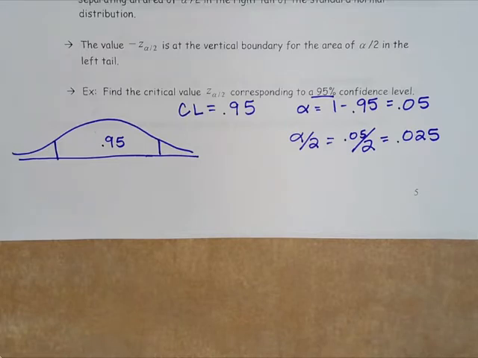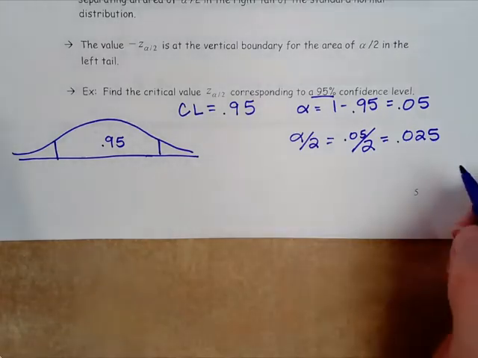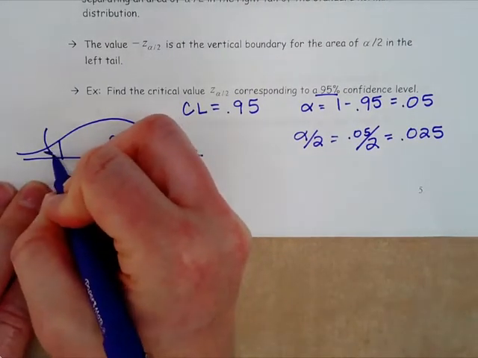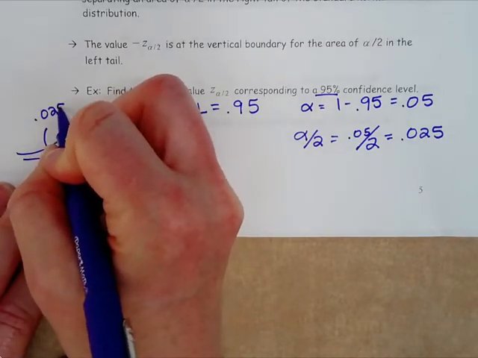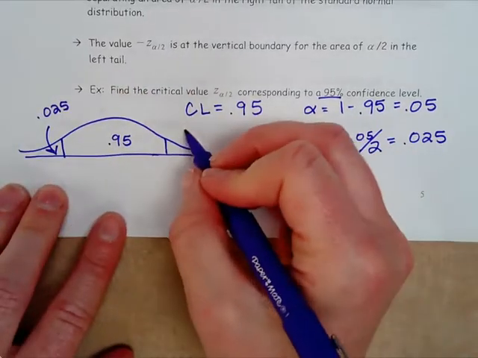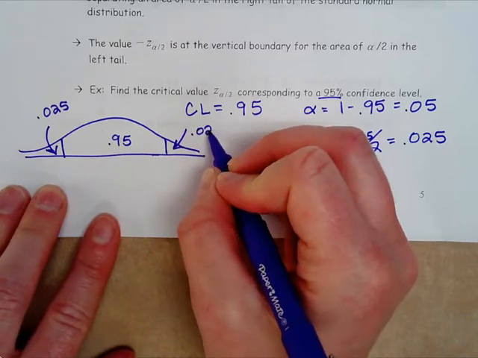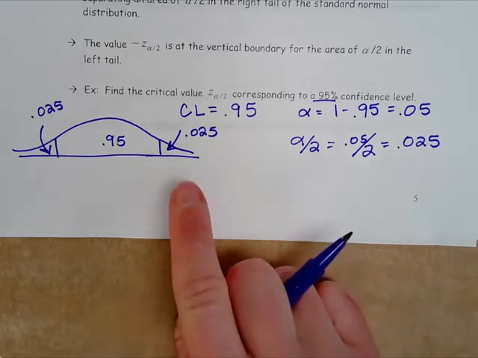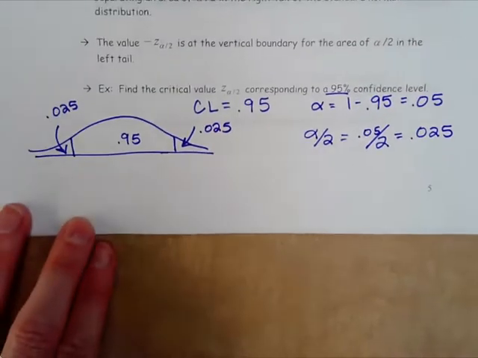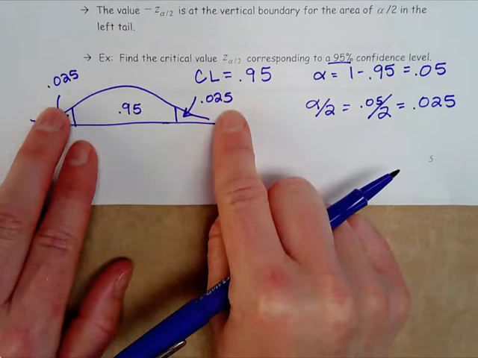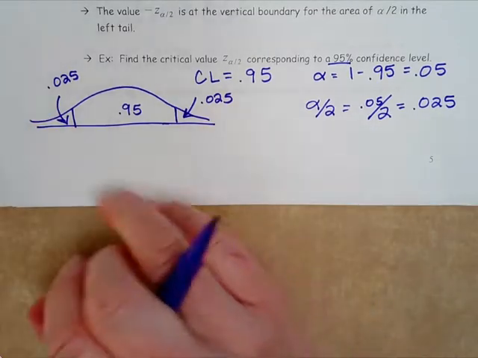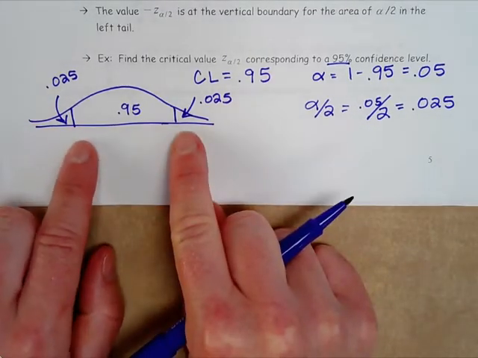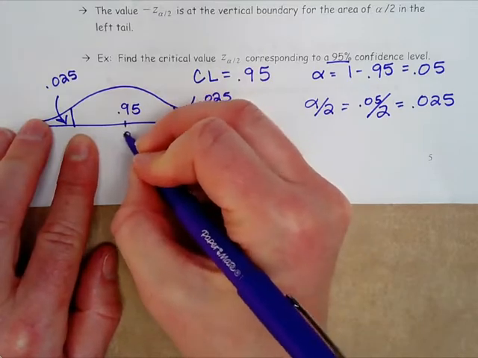So we can look at our z-score. So we want this area right here to be 0.025 and this area right here to be 0.025. So we're wanting to find the z-score with an area of those two. So these are symmetrical because you have 0 in the middle.